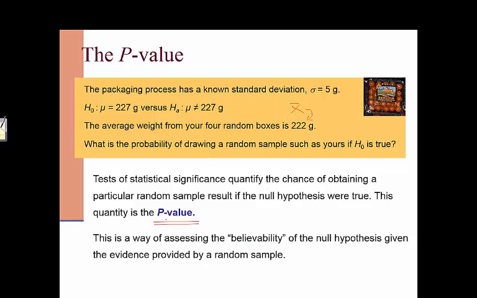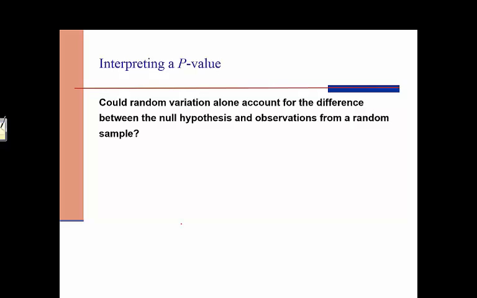Okay, you're going to see this p-value over the entire semester over and over again. This p-value basically shows if a random variable by itself, the randomness in your data set, could account for the difference that you observed.